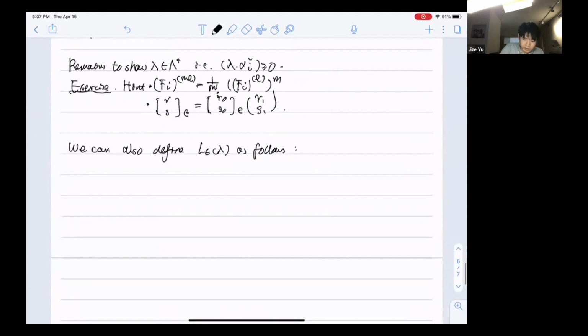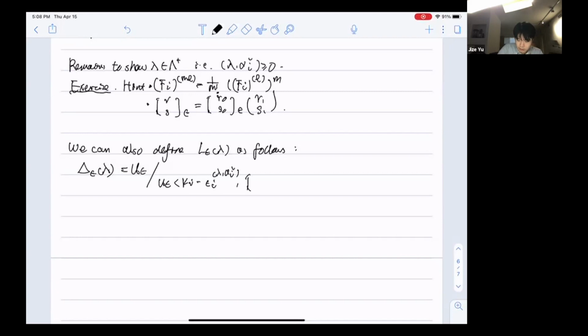So first of all, we define this Verma module Delta epsilon lambda as the quotient of U epsilon by this left ideal generated by K_i minus epsilon_i to the power of lambda paired with alpha_i check.